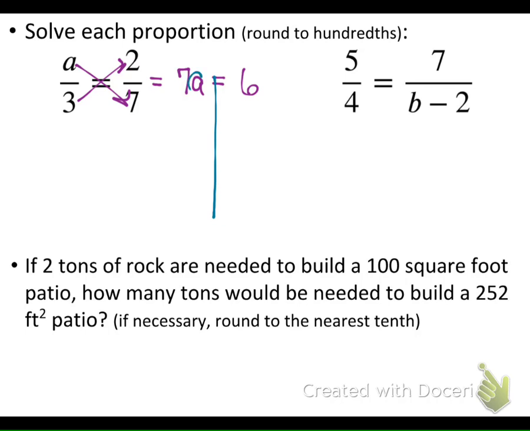Circle my variable, divide by 7. Now if I take 6 divided by 7, I'm going to end up with a decimal, right? What's the decimal that I'm going to end up with? It's going to be 0.857.